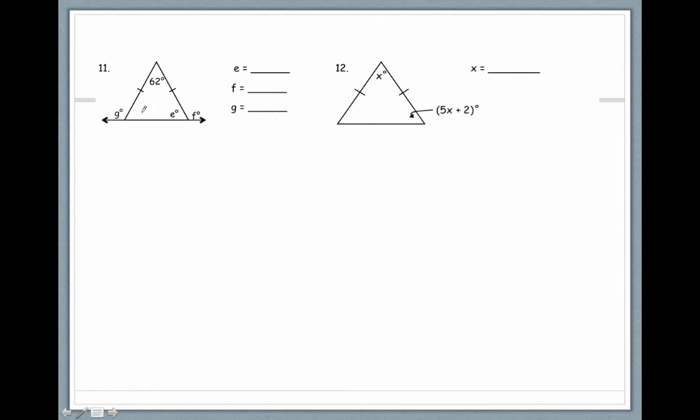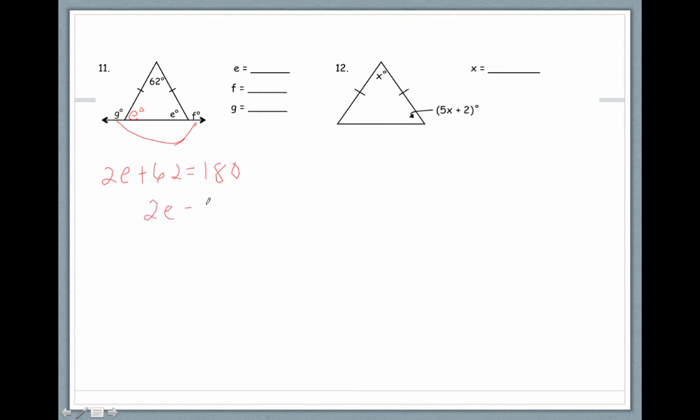Okay, so again we have isosceles. So we have E there as well, which means G and F are the same as each other. And E, well, 2E plus 62 is 180 because we have two E's there.